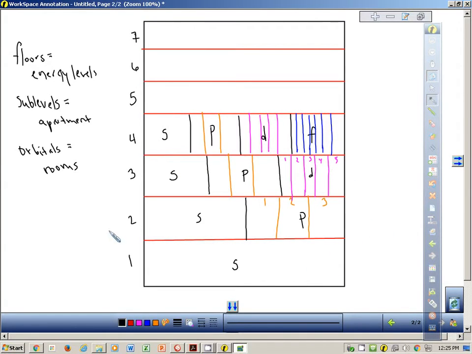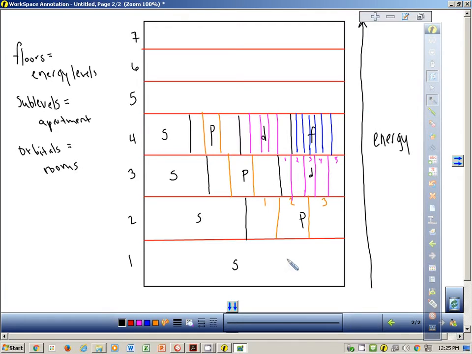The second energy level has more energy than the first. The third energy level has more than the second. The 4th has more than the 3rd, and so on. So as you work your way up, what is happening to the energy? Energy is increasing. It's getting more. So the 7th level would have the most energy. The first has the least.